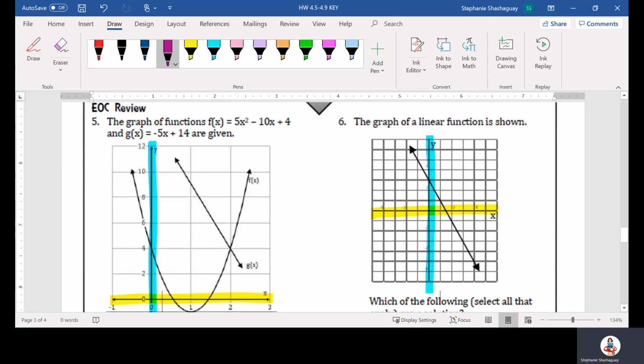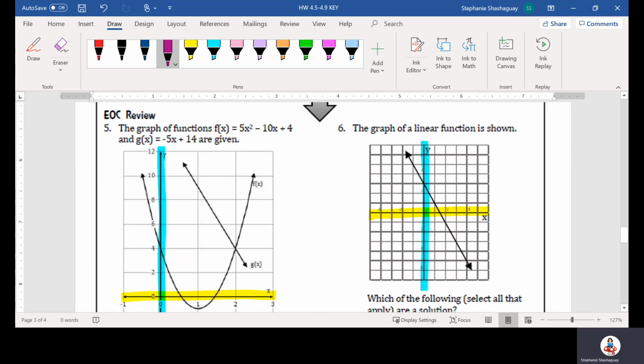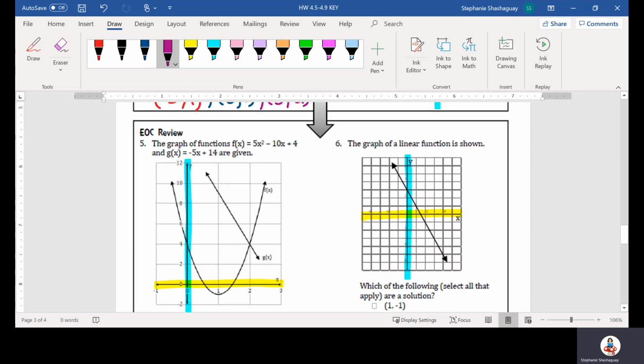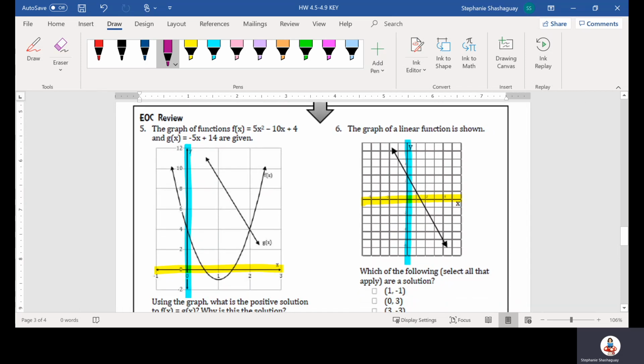Number 5. The graph of functions f of x equals 5x squared minus 10x plus 4. So again, we have 2 functions here. We have our f of x function, which is right here. And we have our g of x function, -5x plus 4, which is our linear function.